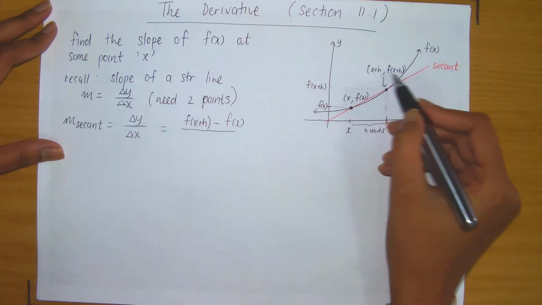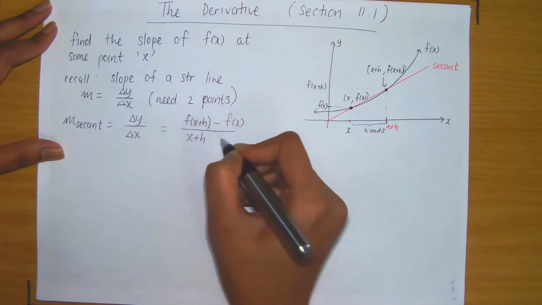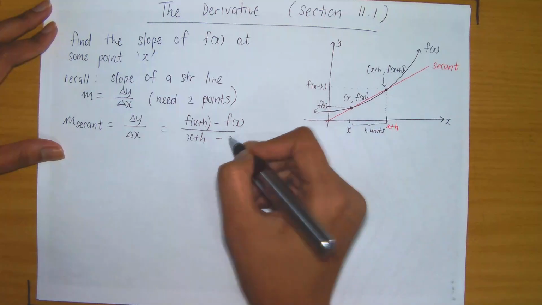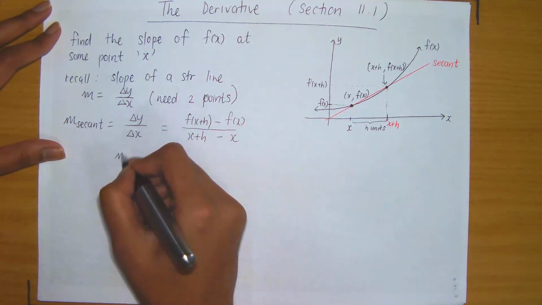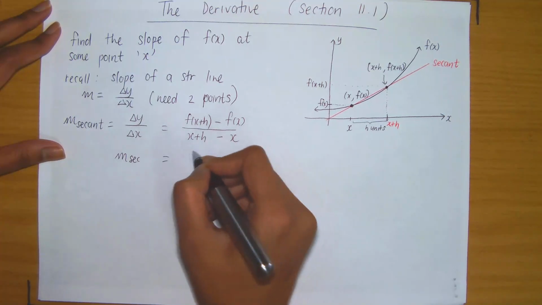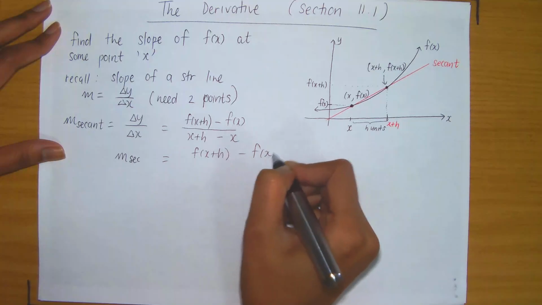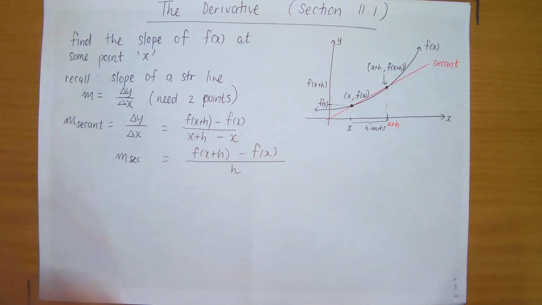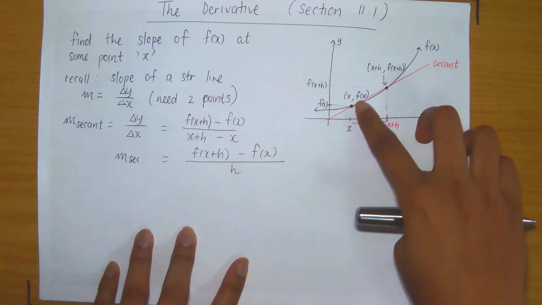In the denominator I'm taking the x value from the second coordinate, which is x plus h, and subtracting the x coordinate from the first pair, and that is x. Simplifying this, observe that the gradient of the secant is f of x plus h minus f of x, divided by h.